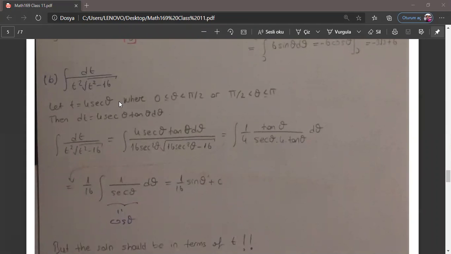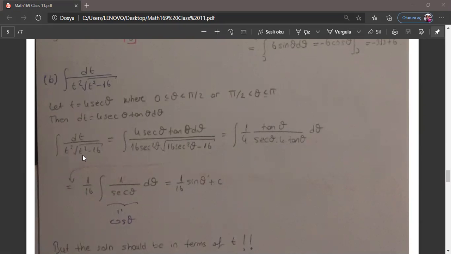Okay, now we will substitute for secant theta, okay? Again, using the table, you will remark it by yourself. So if we say t equals 4 secant theta, then differentiate it and get this equality. So what do we have? dt is equal to this whole thing, and t squared is equal to 16 secant squared.